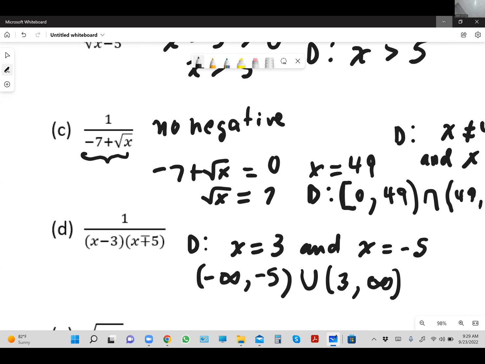But if I put 49, then this whole thing becomes 0. No good. So I'm going to go from 0 to 49, but I don't include 49, with the open bracket. And then I can continue from 49 to infinity without including 49. That's it. Nothing else.